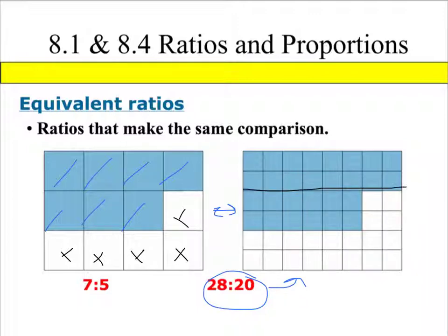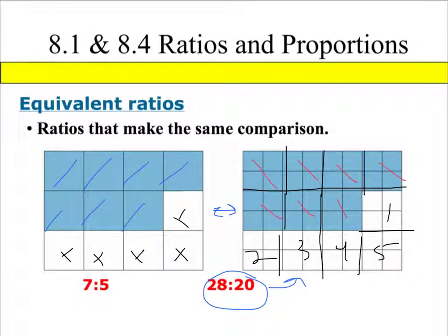If you started dividing all of these up as squares, you will notice there are 7 shaded squares, 1, 2, 3, 4, 5, 6, 7. On the other side, there are 5 large unshaded squares, 1, 2, 3, 4, 5. But all together, there's 20 total non-shaded and 28 total shaded.